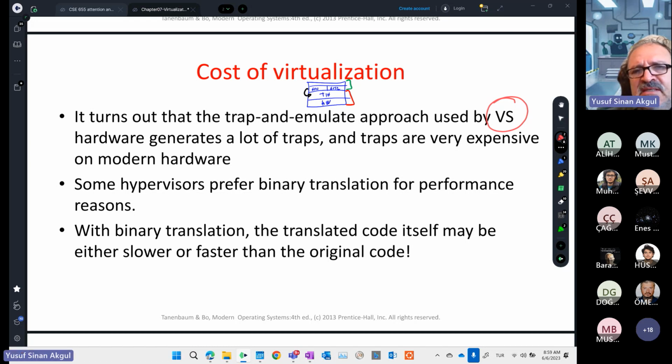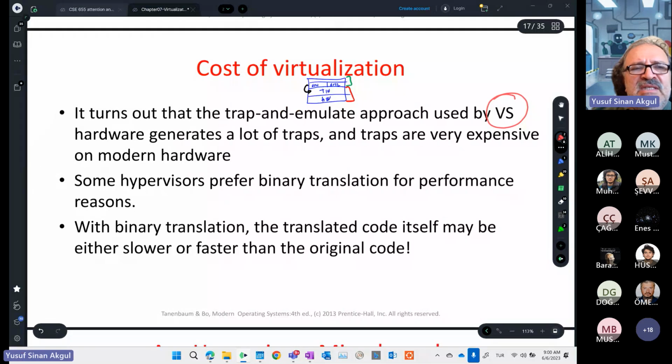When a trap happens, we have to invalidate a very large amount of cache data and TLB data, and we have to stop the execution of the pipelined instructions. So these will cost more. Stopping all those processes, invalidating the cache, repopulating the cache and the page tables takes much more time. That's why for modern hardware, traps are so expensive.